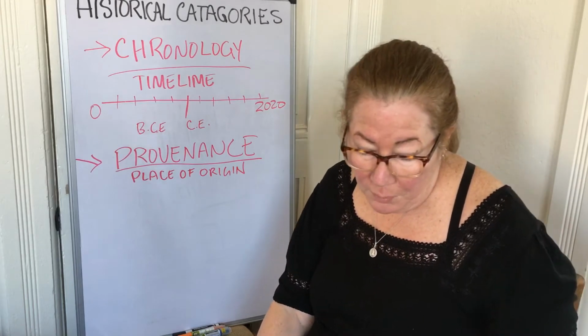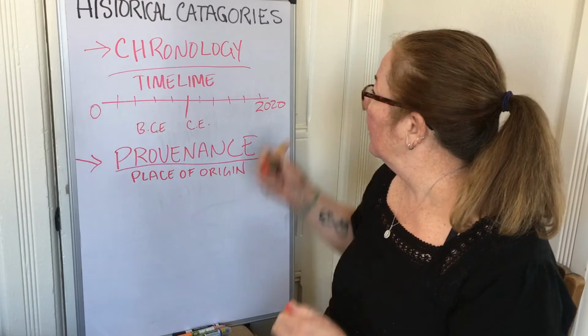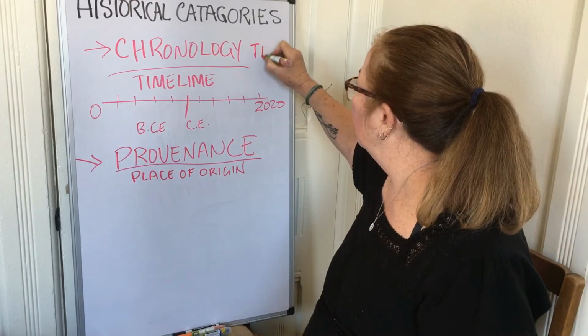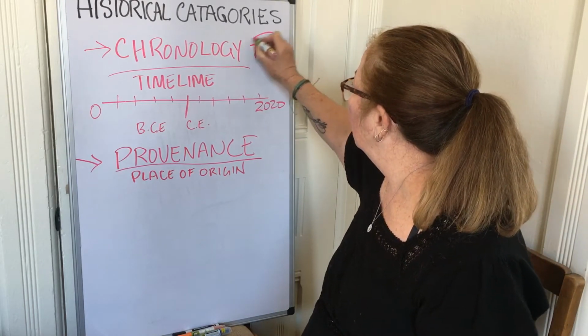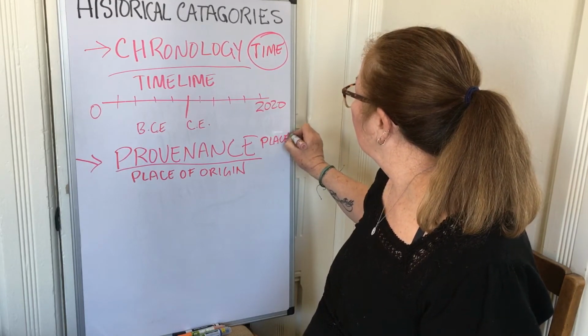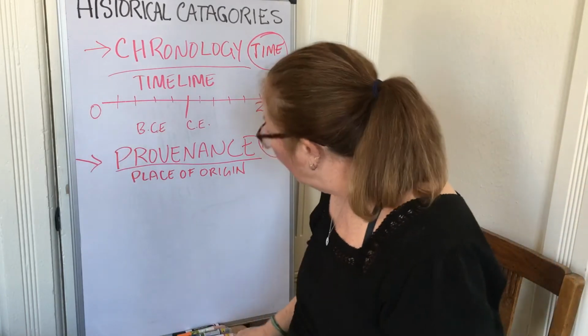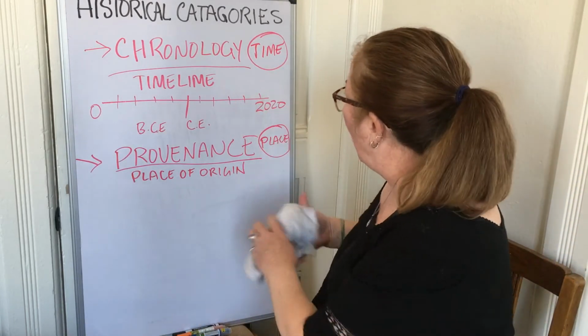This is a really important thing. So the first two categories are simply time and place, chronology and provenance.